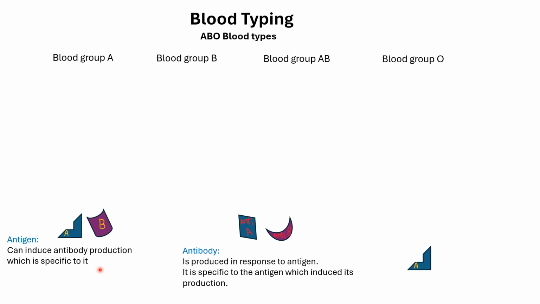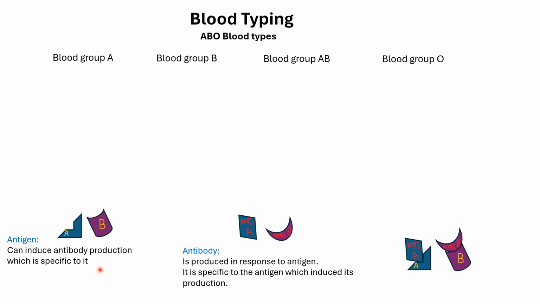It means that antibody A can interact with antigen A, and it will only interact with antigen A. It will not interact with antigen B because antibodies are specific. Similarly, antibody B will only interact with antigen B.